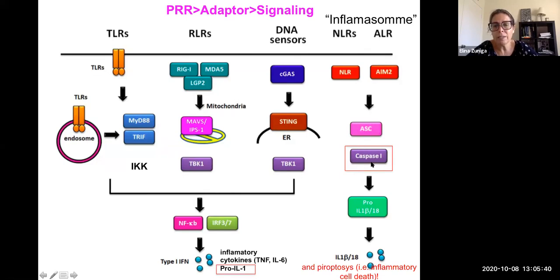And again, this is important because caspase-1 is the only one that can cleave pro-IL-1 beta into active IL-1 beta, and this IL-1 beta not only exerts inflammatory properties, but many times can induce cell death. The caspase-1 activation can many times lead also to cell death and death of the infected cell.